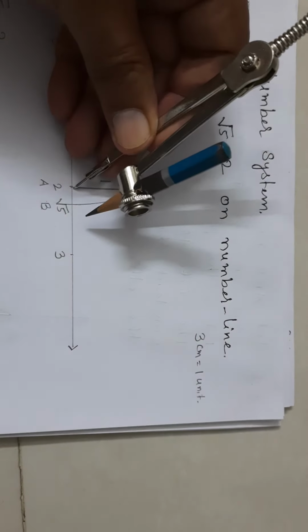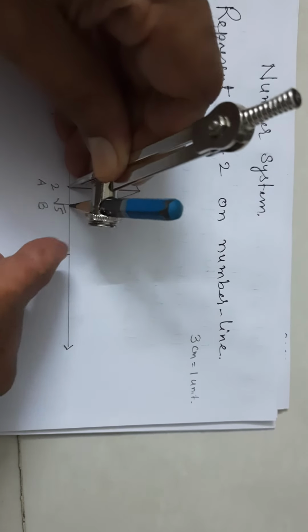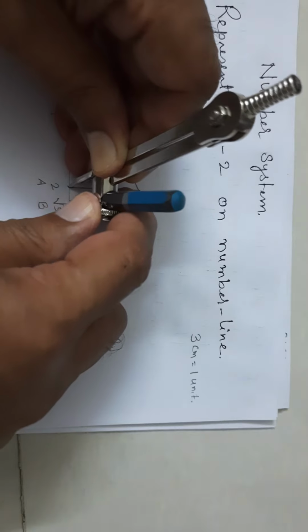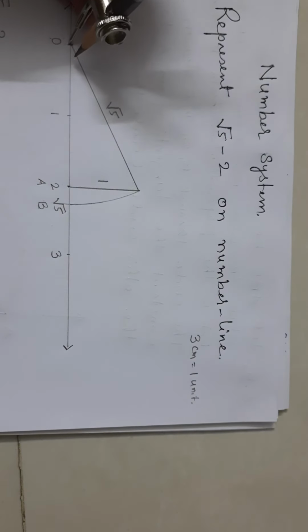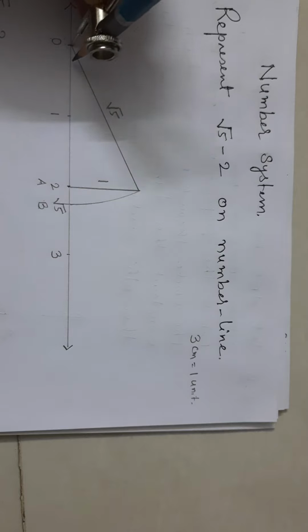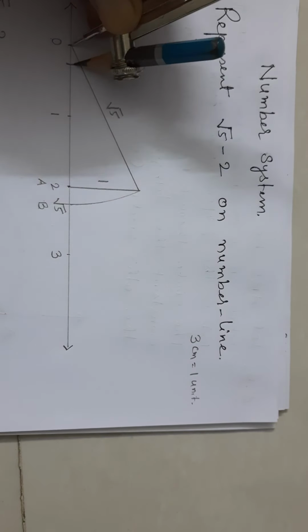So here I am measuring the difference between the two, that is this. Look, I measured this root 5 minus 2. In that root 5 minus 2, I am marking from 0. This is root 5 minus 2.